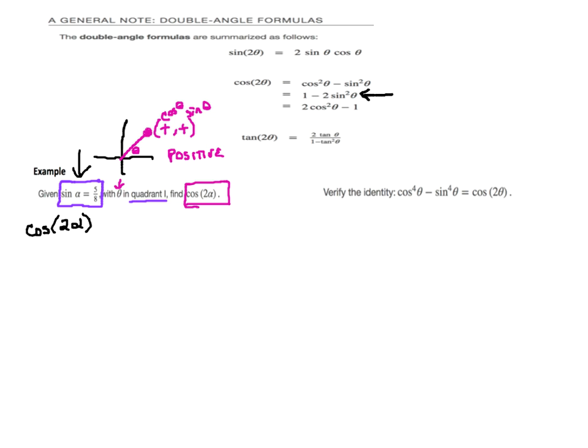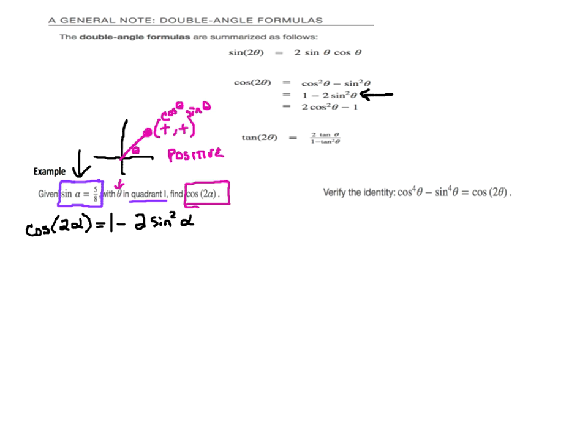Well, I mean, I have to do some work, but I don't have to know what cosine is to use that particular version of the cosine double angle formula. So this is equal to 1 minus 2 sine squared alpha.